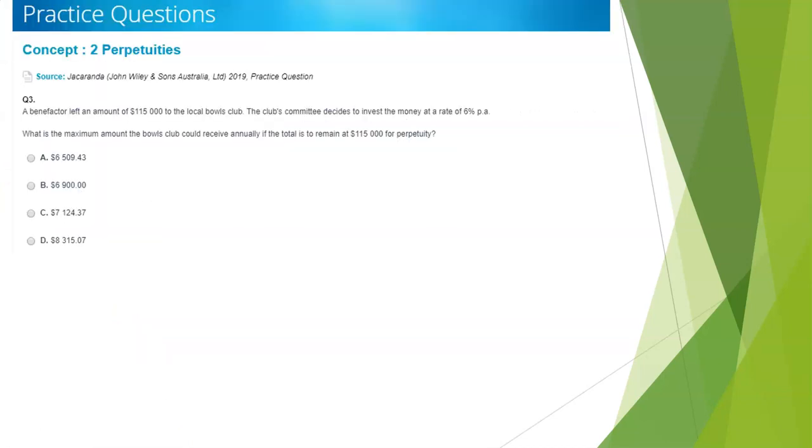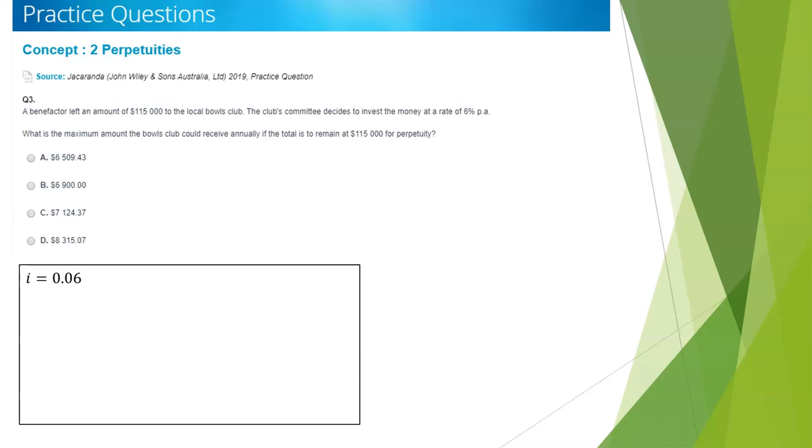Okay, so our next question, question 3. A benefactor left an amount of $115,000 to the local bowls club. The committee decides to invest the money at 6% per annum. What is the maximum amount the bowls club could receive annually if it is to remain at $115,000 in perpetuity?